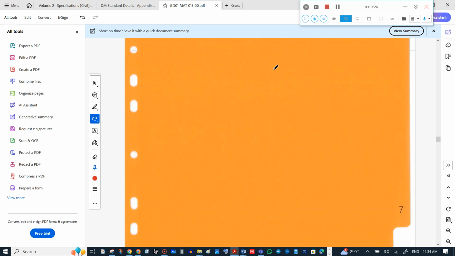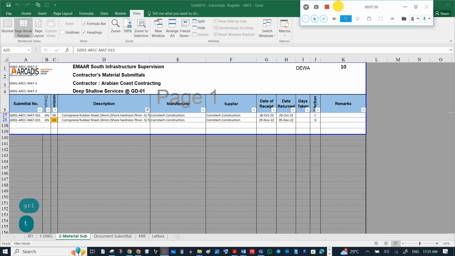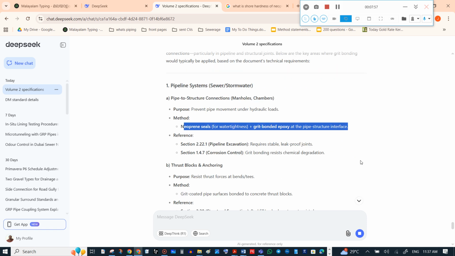So now we will discuss grid bonding. Grid bonding MAR is not presented in this submitted register. So we will go to DeepSeek to know more about grid bonding and how it is applied. Grid bonding is applied like this: neoprene seal for water tightness plus a grid bonding epoxy at the pipe structure interface. What are the materials of grid bonding?